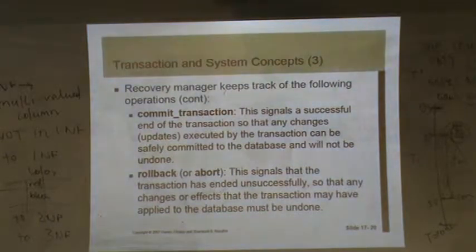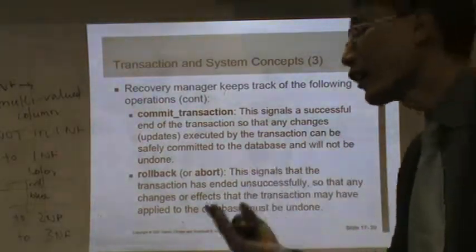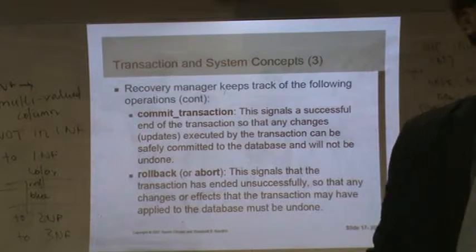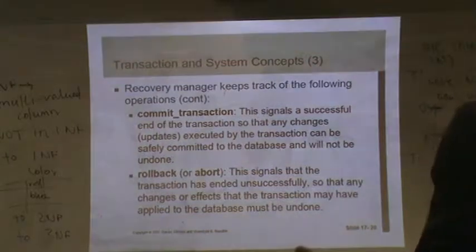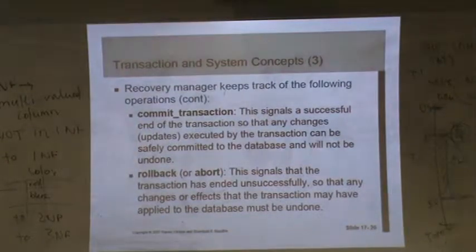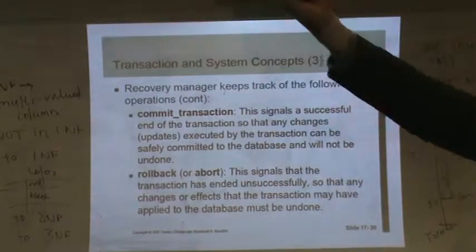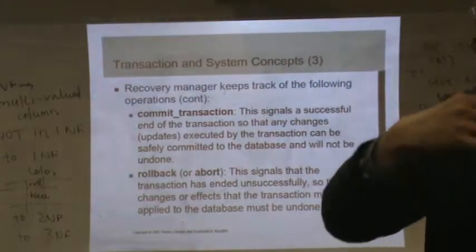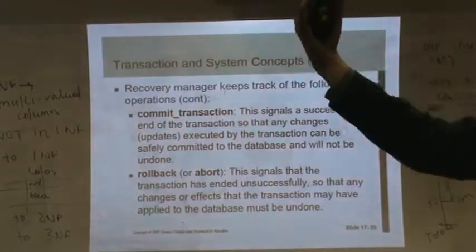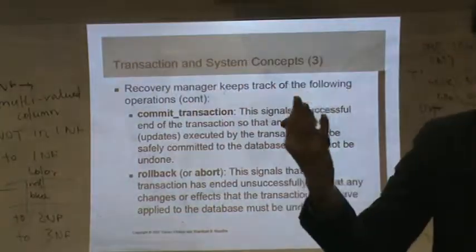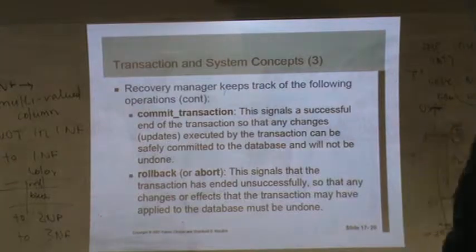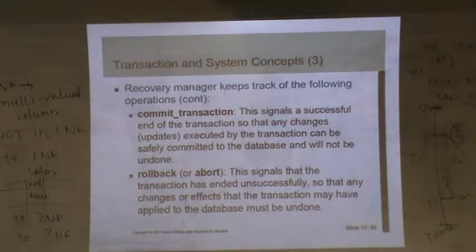If you write the data to the hard disk drive directly, it takes a long time. Instead, why don't you change the memory? Then if somebody wants to access the changed data, they can get it from the cache memory. So that makes the database system faster.